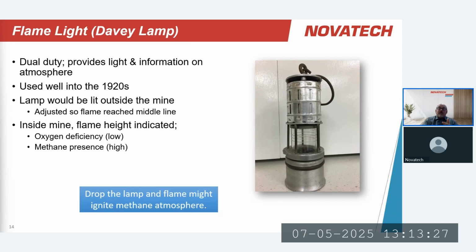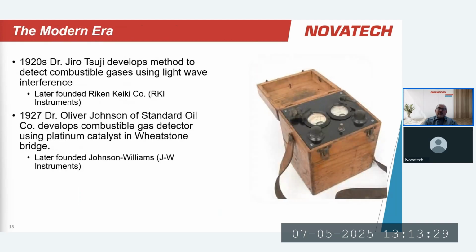The modern era, of course, came out in the 1920s, so relatively recent technology, and two developments occurred within a few years of each other. Riken Keiki company, which later evolved into RKI Instruments, found a method of detecting combustible gases by monitoring light wave interference.